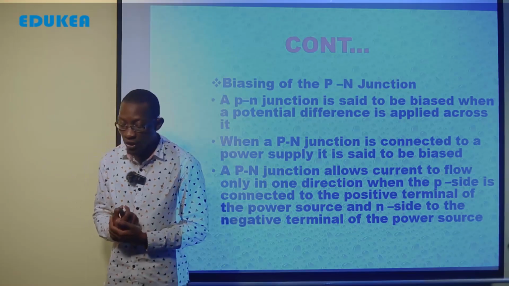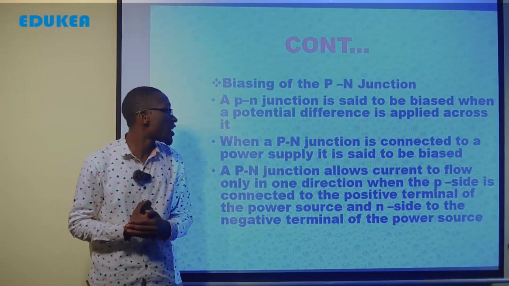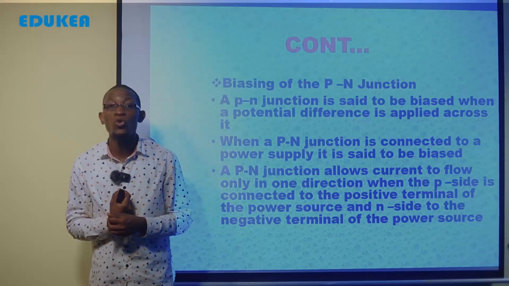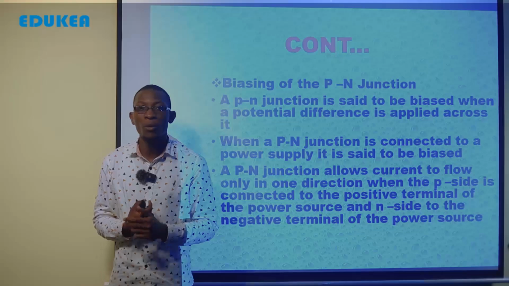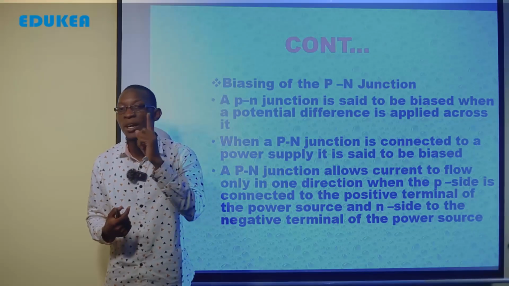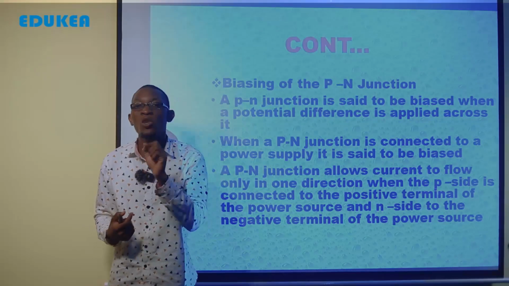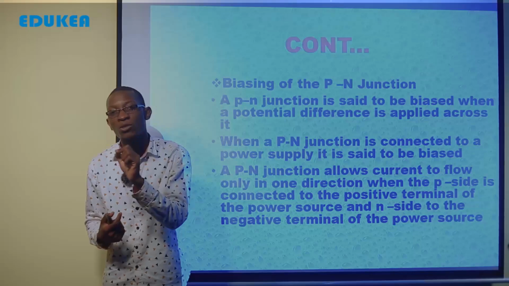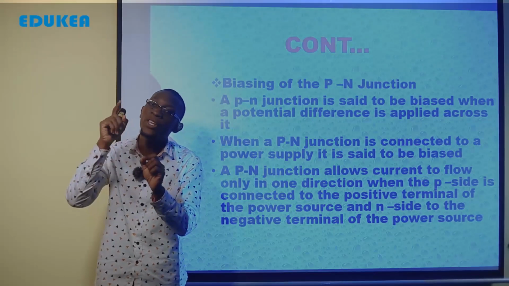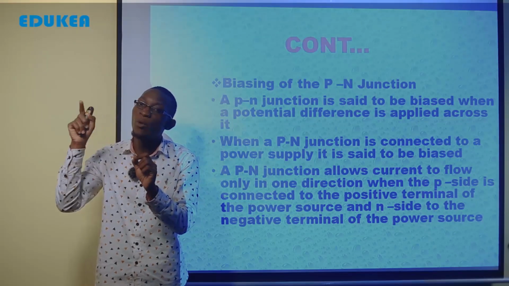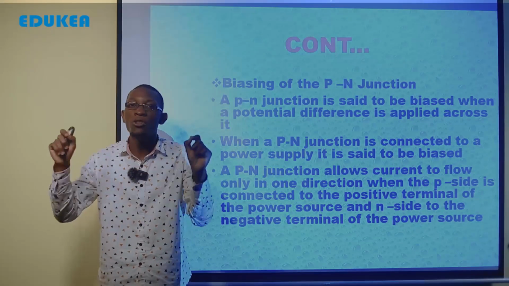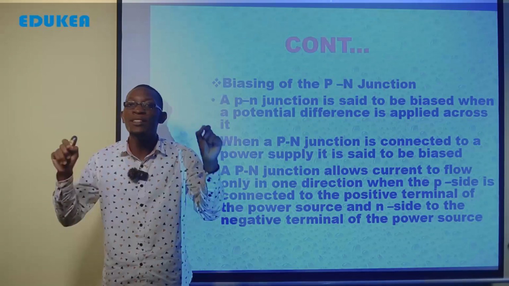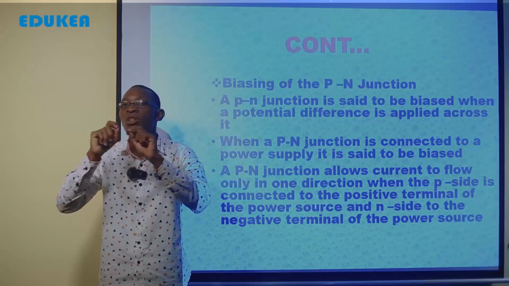Kwamba tunasema hii PN junction inaruhusu tu umeme uweze kuflow katika direction moja, wakati ambapo P side ya PN junction itakapokuwa imeconnectiwa na positive side ya power source, na wakati ambapo N side itakapokuwa imeconnectiwa na negative ya power, hiyo tutasema kwamba PN junction itaallow current to flow in only one direction.